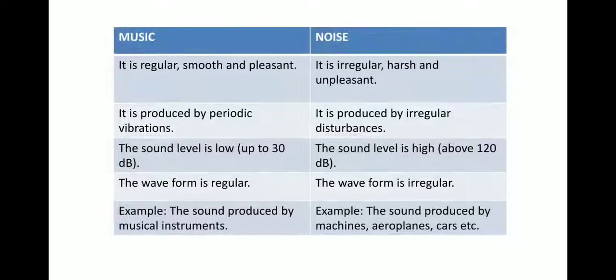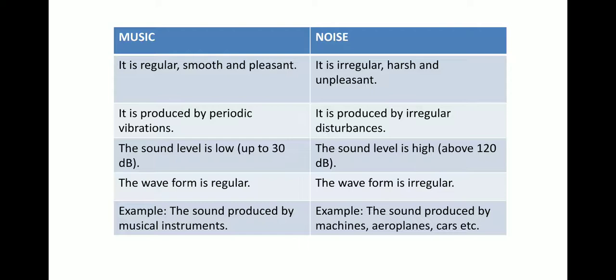Lastly, we would like to discuss the difference between music and noise. Music is regular, smooth, and pleasant, whereas noise is irregular, harsh, and unpleasant. Music is produced by periodic vibrations, whereas noise is produced by irregular disturbances.